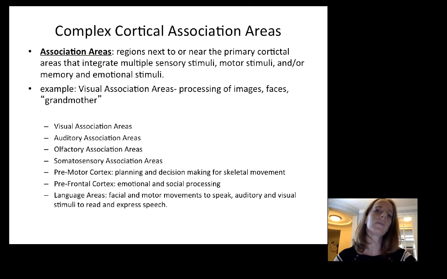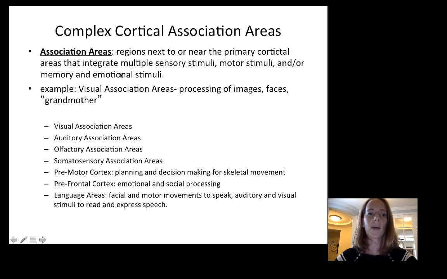So in general, we refer to these as complex cortical association areas. So these are regions that are next to or near the primary cortical areas that will integrate multiple sensory stimuli, multiple motor stimuli, add memory and emotional stimuli integration.